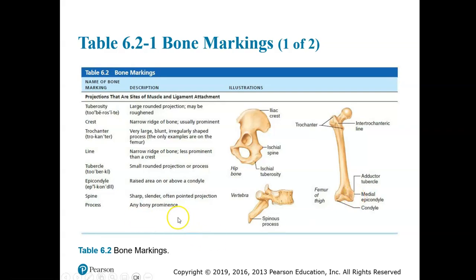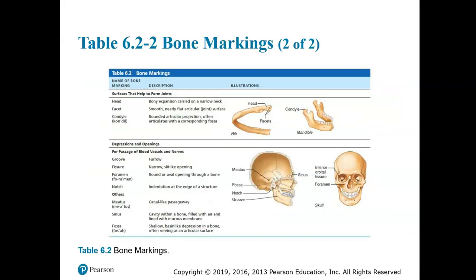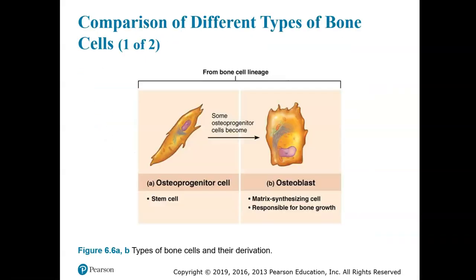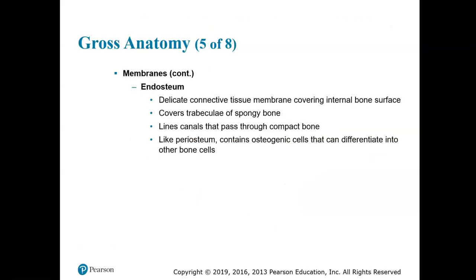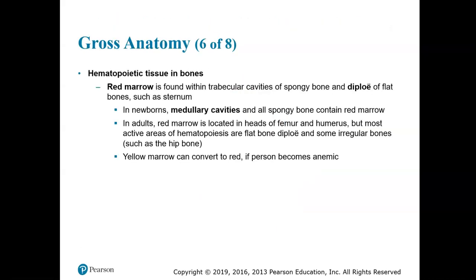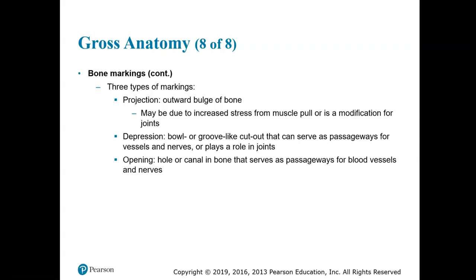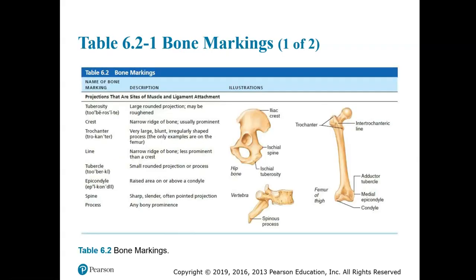And a spine is just a sharp process. There is one in the skull bone. Let me show you if I can find a picture real quick. No, it's probably in chapter 7. You're going to have to learn about the mastoid process of the skull, and there is a spine that kind of sticks out near the mastoid process that we'll learn about.